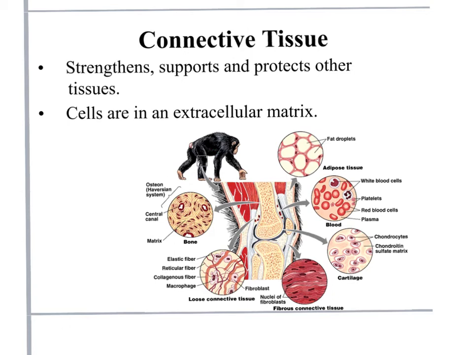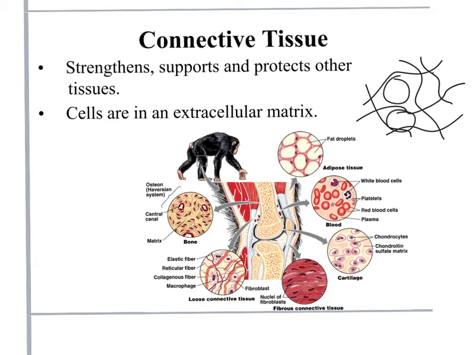Now, an extracellular matrix is sort of like a bunch of proteins and other fibrous molecules that link together and create this matrix that helps to support the cells that are in and around it. This matrix is secreted by the cells around it.